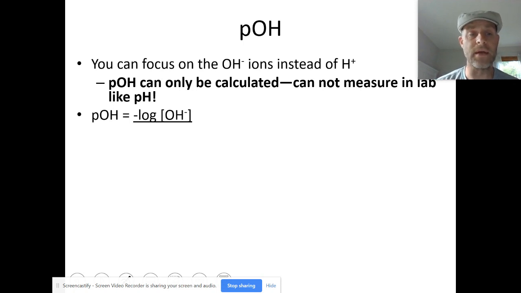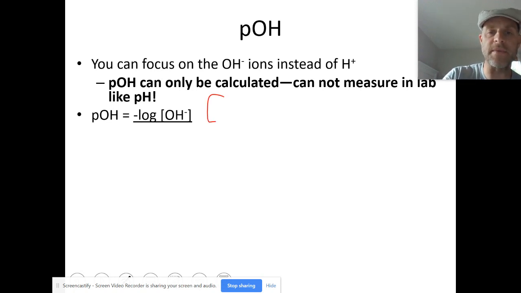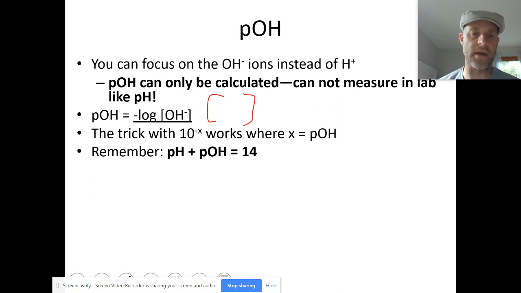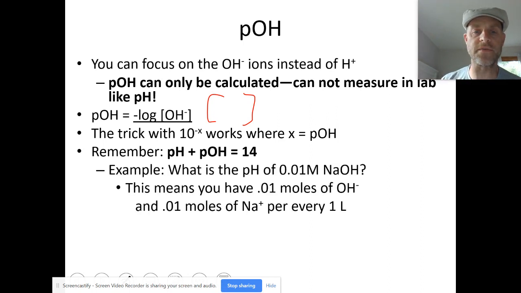To find the pOH, I find the negative log of the concentration of OH, and remember, those brackets mean concentration. The trick still works: it's 10 to the negative x, and that x is the pOH. Now remember, pH plus pOH equals 14.